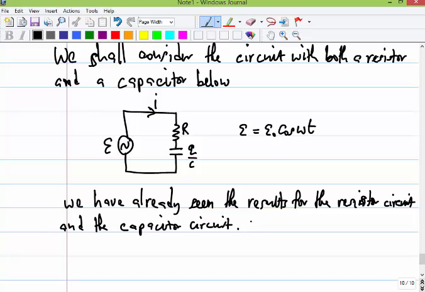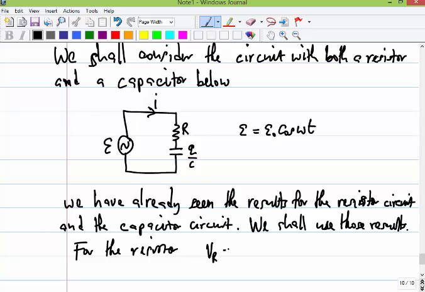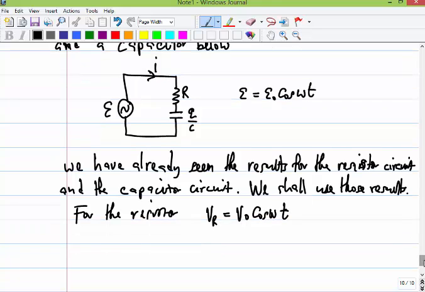We shall use those results. Let me remind you. For the resistor circuit, the voltage across the resistor is equal to V naught cosine omega t. For the capacitor, we found the voltage across the capacitor is V naught cosine omega t. So we had those already.